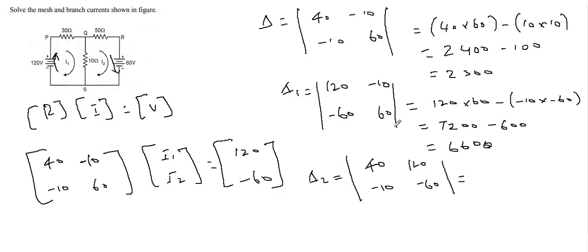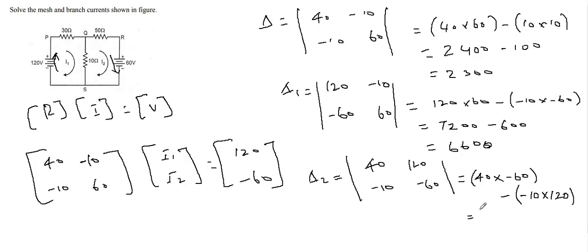So the determinant is 40 into minus 60 minus minus 10 into 120.